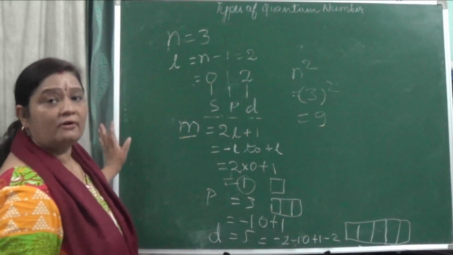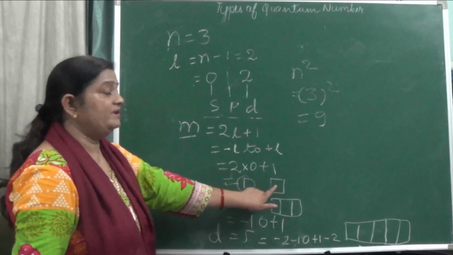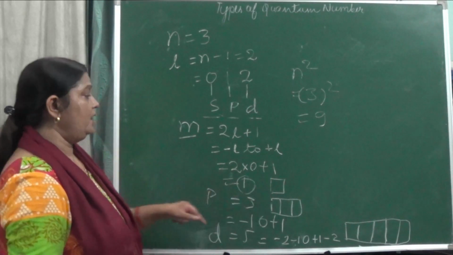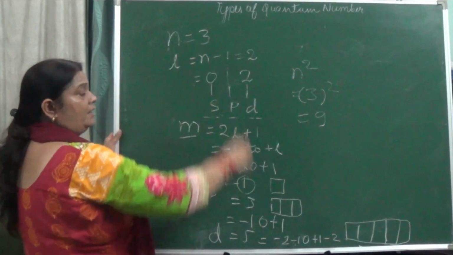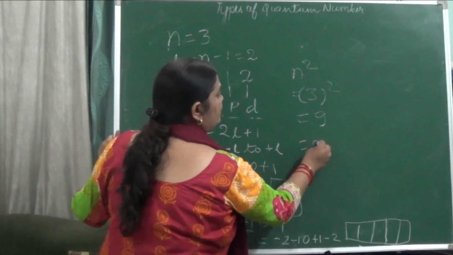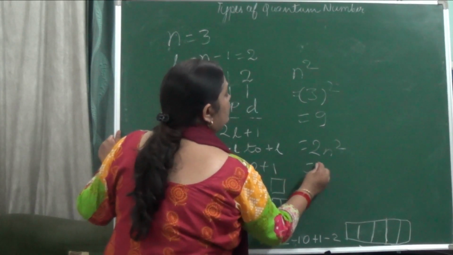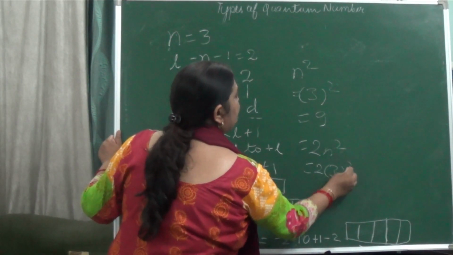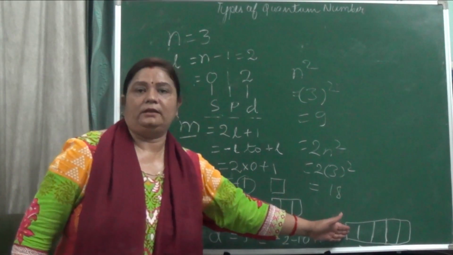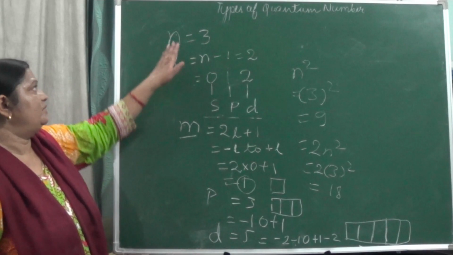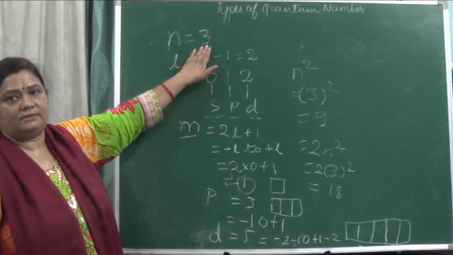Number of electrons: one orbital can consist of 2 electrons. So the number of electrons in principal energy shell 3, by the formula 2n square, is 2 times 3 square, that is 18. So 18 electrons will be there in principal shell 3.